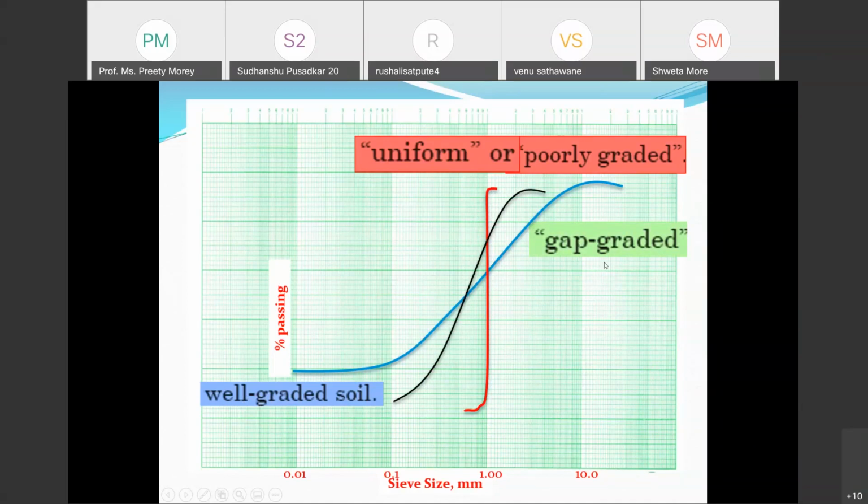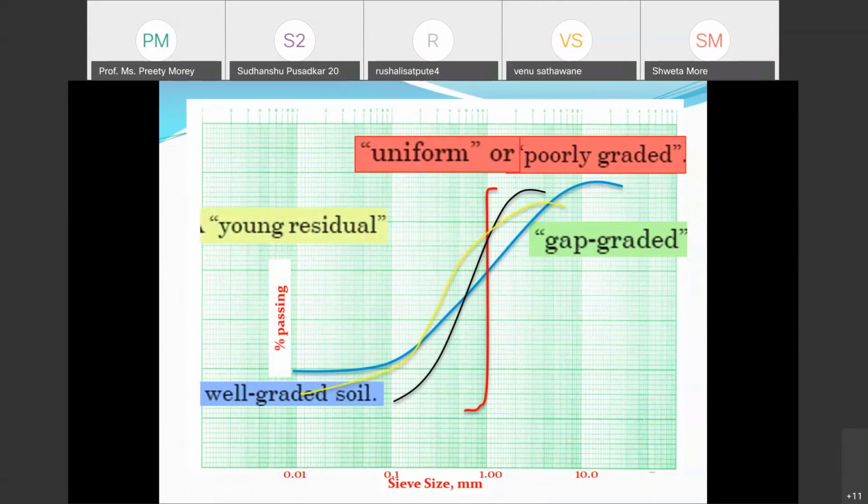It has an excess of a certain diameter of particles and a small quantity of another diameter. So it doesn't have a single size, and it doesn't have all the sizes, but it has an excess quantity of some particular diameter and a small quantity of other particles. Hence there is a gap between different particles, and it is called gap graded soil.